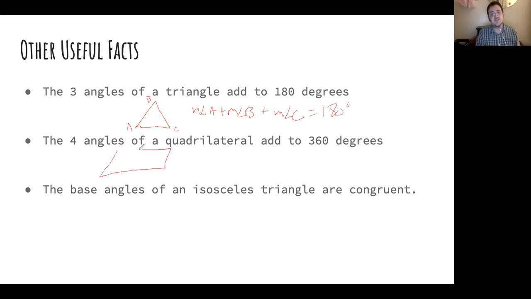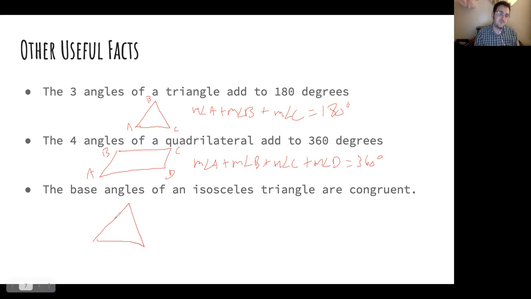And I could say that the four angles of a quadrilateral add to 360. And then the base angles of an isosceles triangle, and I'm going to draw that line of symmetry, are congruent as well.